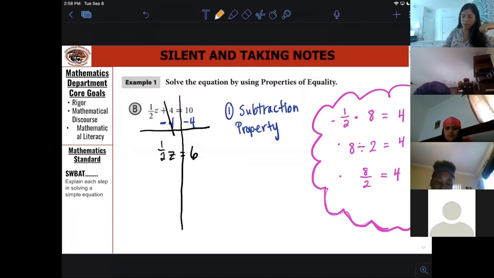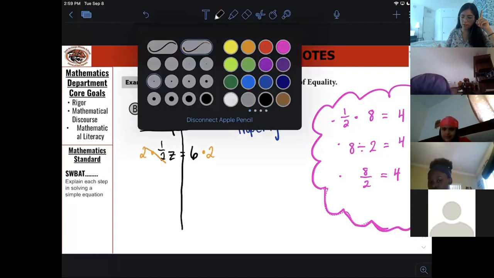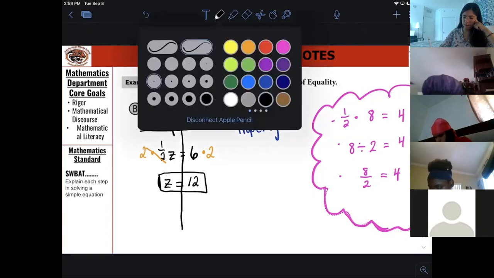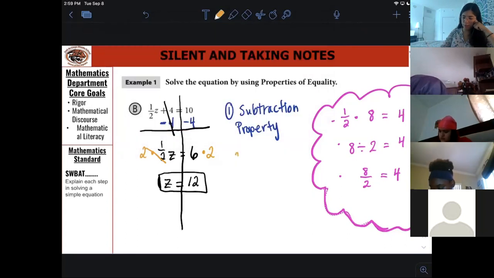So what I'm going to do to get rid of 1/2 is I'm going to multiply by 2. Because when you do 2 times 1/2, that's just 1. So I'm left with just z. That cancels out my fraction. And then on the right side, 6 times 2 is 12. z equals 12. So step 1 was subtraction property. Step 2 was multiplication property.